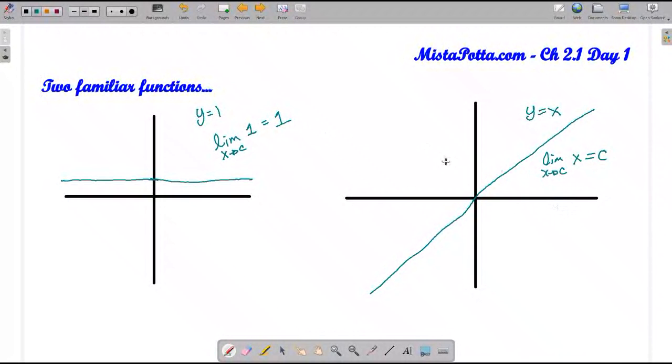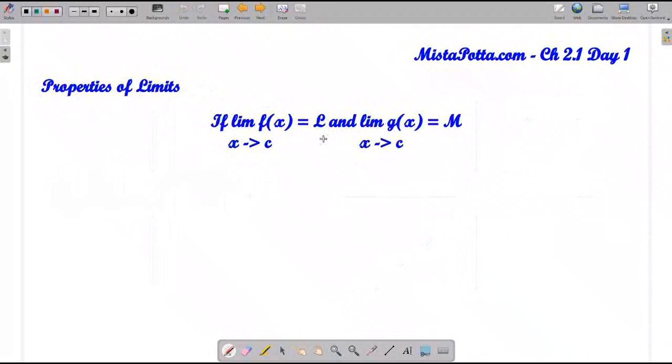And so these are the two properties that I'm going to be starting off with. The idea that I have the limit as x approaches c of 1 is going to be equal to 1.